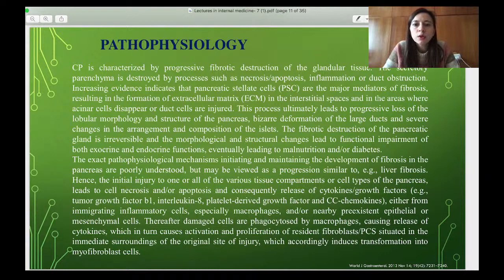This process ultimately leads to the progressive loss of the lobular morphology and structure of the pancreas, deformation of the large duct, and severe change in the arrangement and composition of islets.